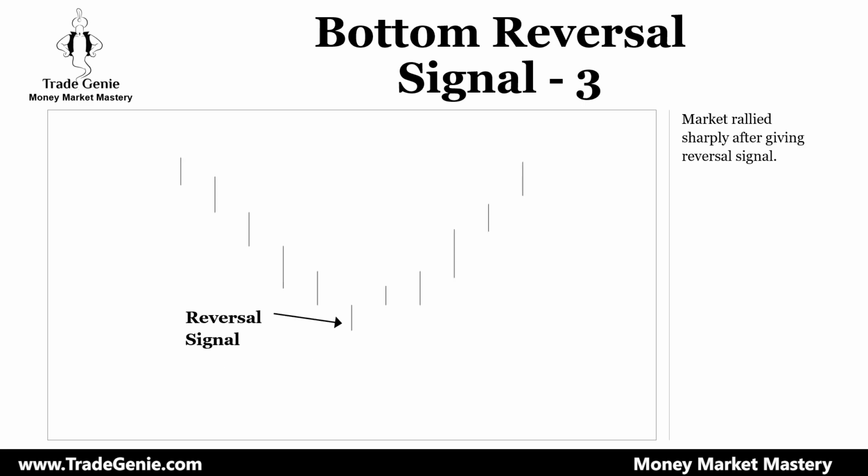The third one happens sometimes also. So you need to have a way of analyzing this bar. The market is crashing, and let's say this bar occurs. It could be just a gap down. It could be a candle which is a reversal.